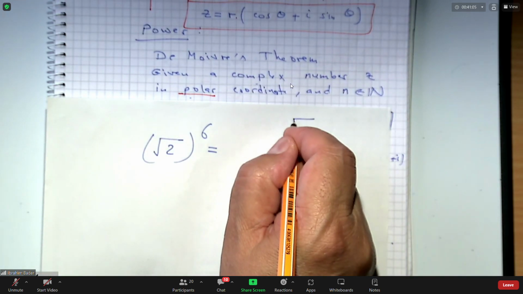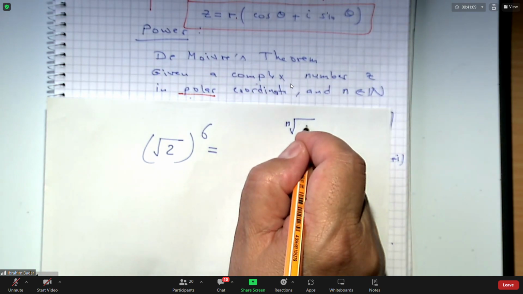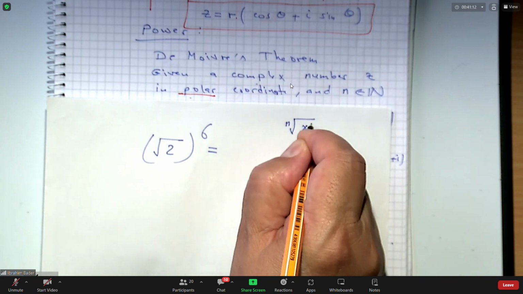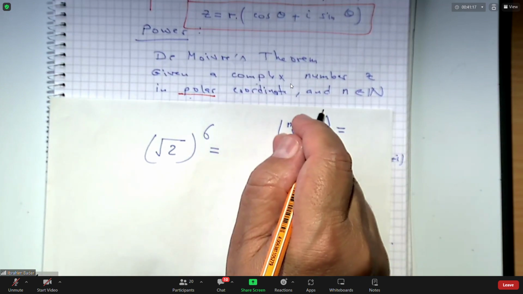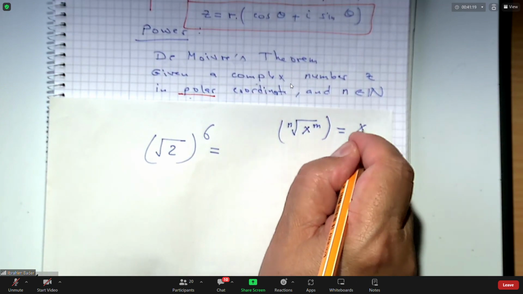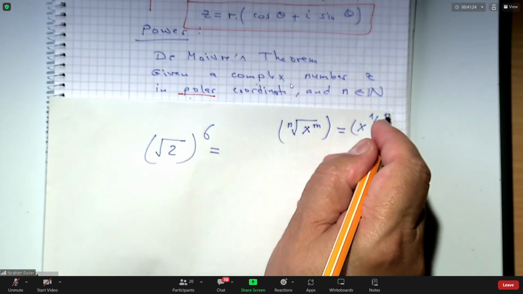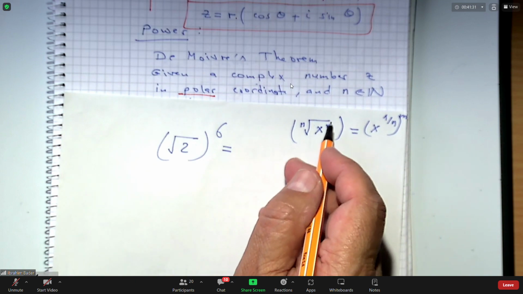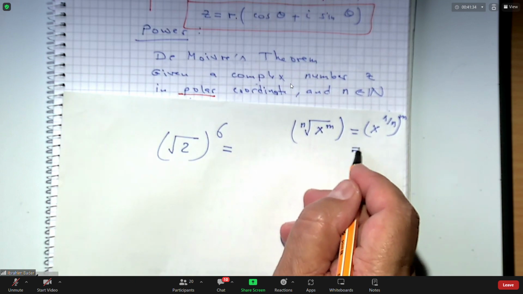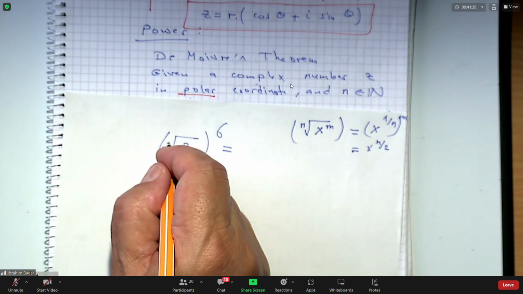If you have any problem with that, I will remind you of this rule. If you have the nth root of x to the power m, this is equal to x to the power 1 over n, all to the power m. Or you just say this is x to the power m over n. Now here, this is the second root, of course.